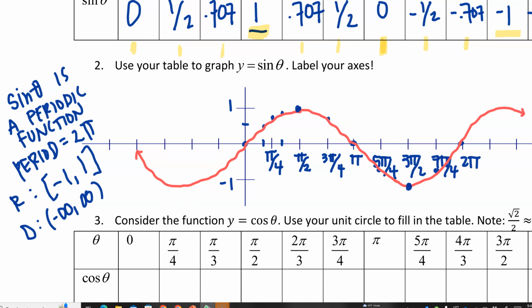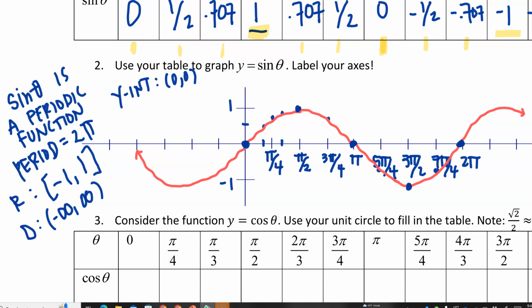All right. What about the y-intercept here? The y-intercept for sine is what? 0. Okay. But what about the x-intercepts? So x-intercepts are going to repeat every what? Every pi, yes. Okay.